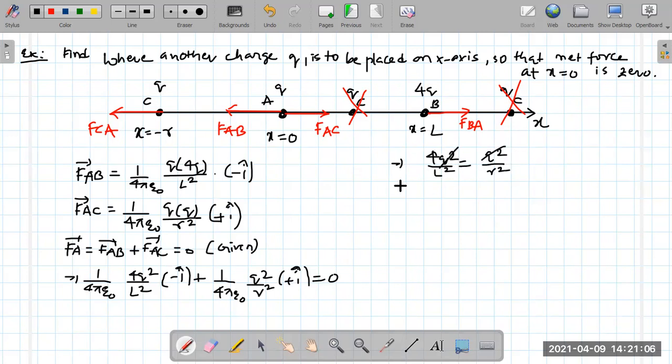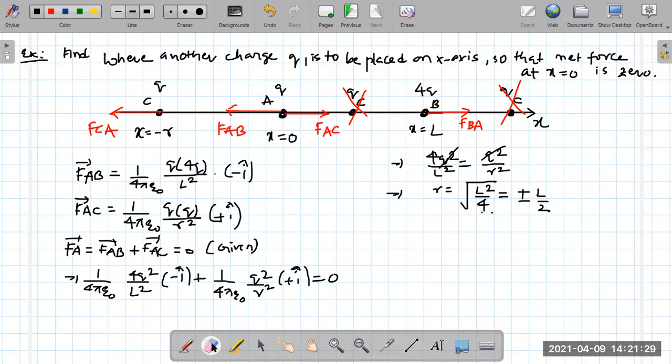Q square I can cancel. So R square is L square by 4, and R is equal to L by 2. Being specific, R must be the square root of L square by 4, so that will be plus or minus L by 2. Is that right?